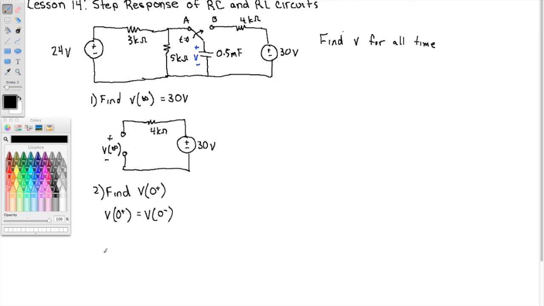Okay, so right before the switch, the circuit is at its steady state and the capacitor is modeled effectively as an open circuit. Okay, so this is before the switch, and it was built a long time ago, and the capacitor is an open circuit.